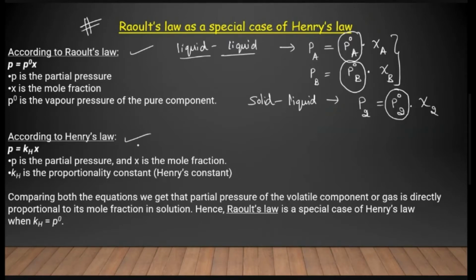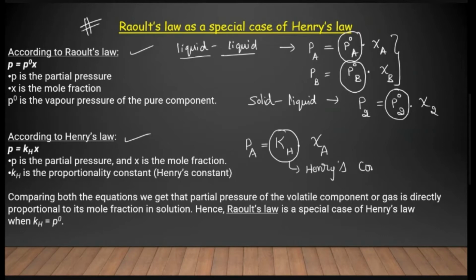Similarly, according to Henry's law, the partial pressure PA is equal to KH into the mole fraction. PA is nothing but your partial vapor pressure, KH is the Henry's law constant, and XA is the mole fraction of the solute present in the solution, which is in equilibrium with the gaseous phase. So here the constant is KH, that is Henry's constant.